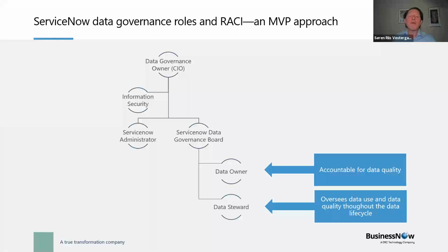Some board where we can define what we mean by a business service, a business capability, an application service, and in the CSDM 3.0, all these entities are defined.